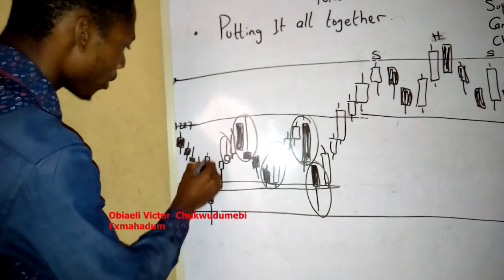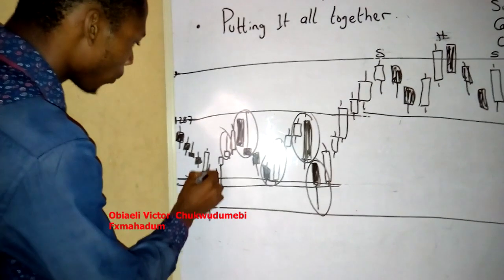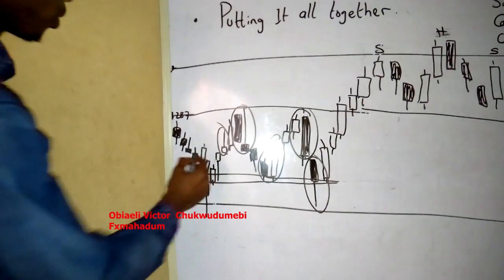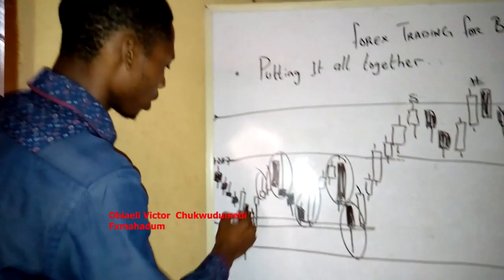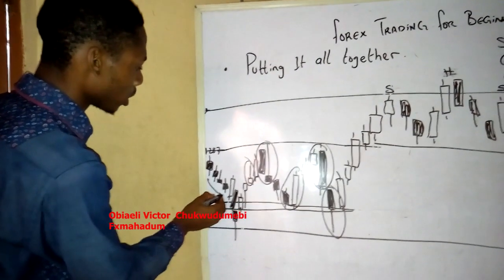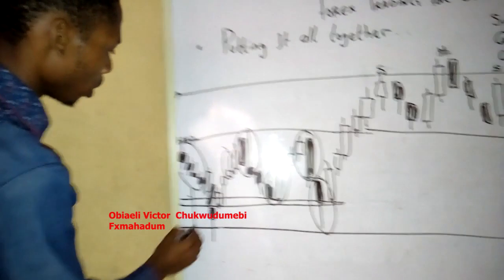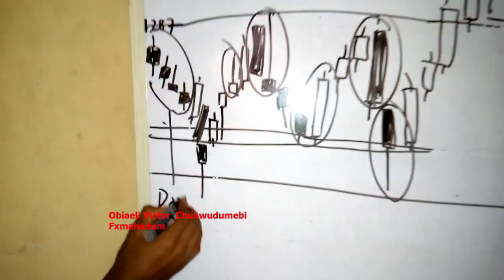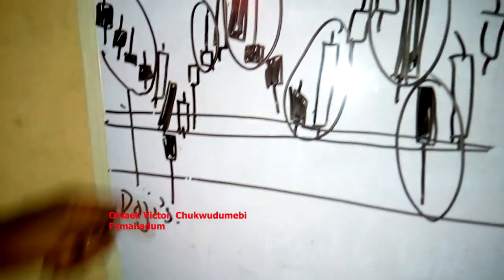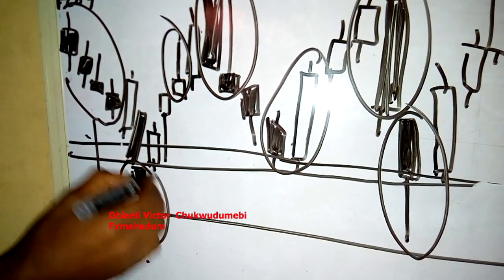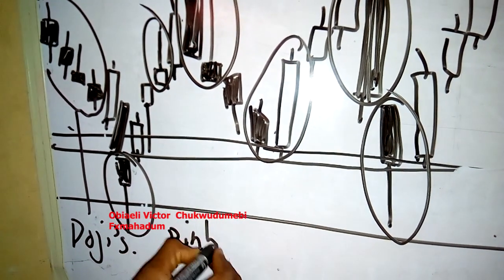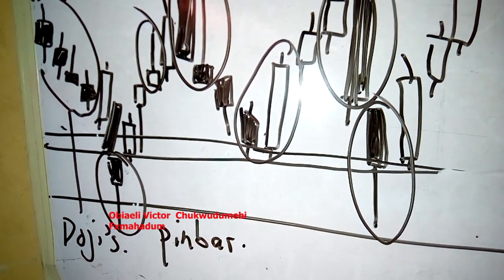Weakness of sellers. Then we have a bullish bar here, but price falls back down. Now these are dojis. This is a bearish Pinbar, or a hammer or hanging man, whichever you want to call it.